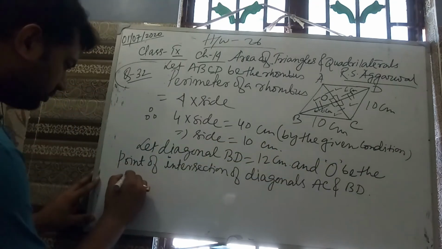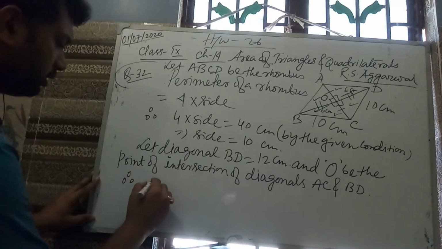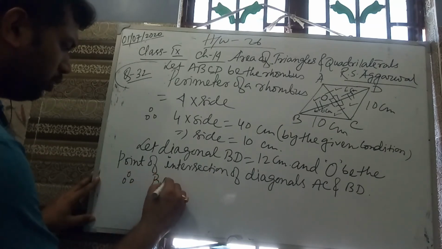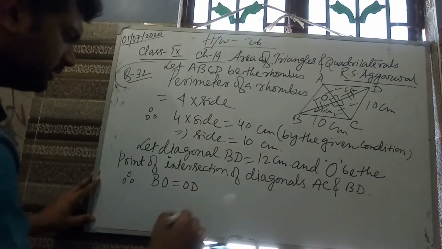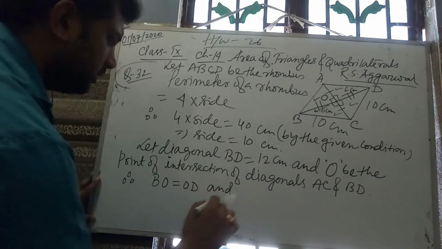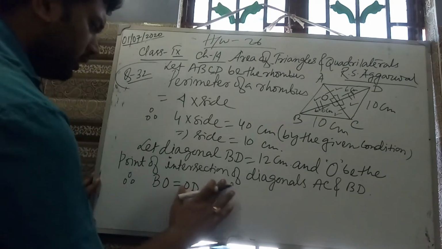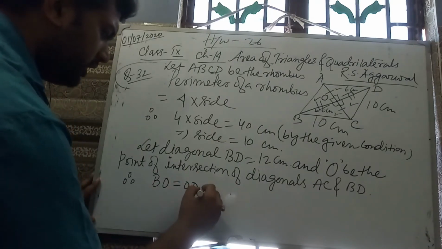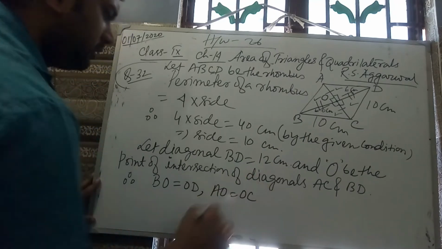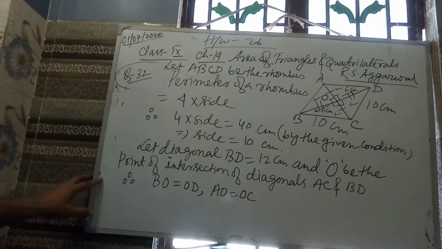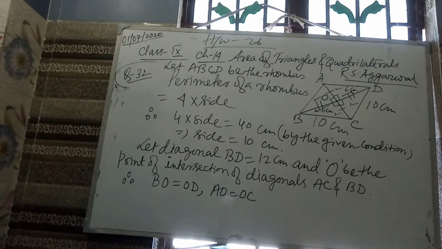Therefore, BO equals OD, and AO equals OC.